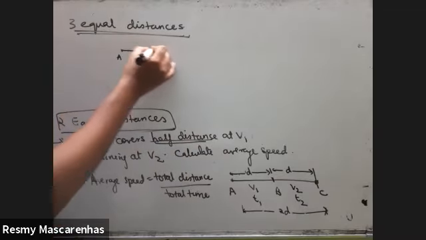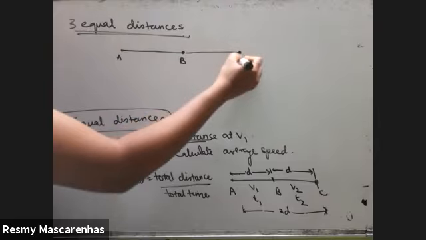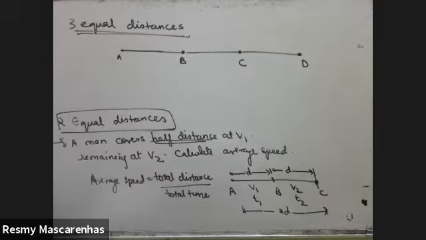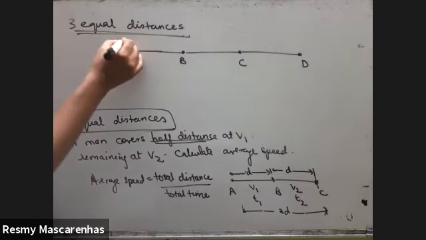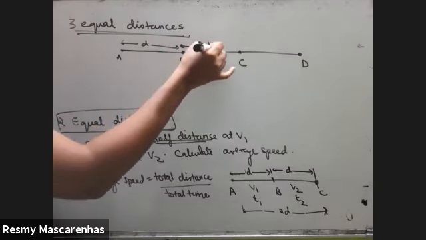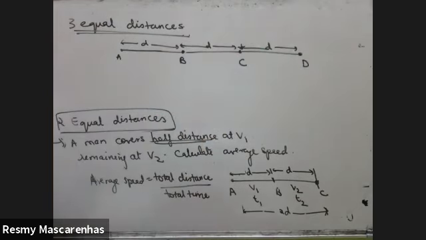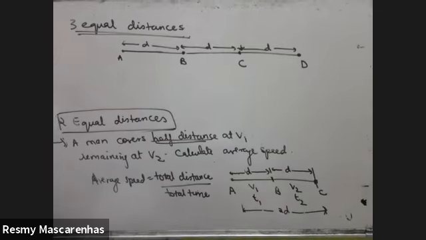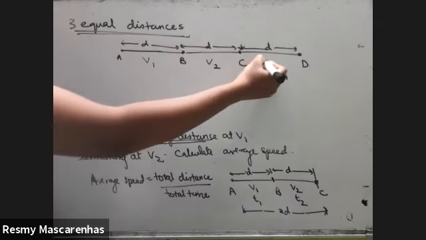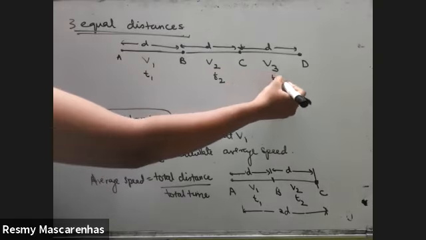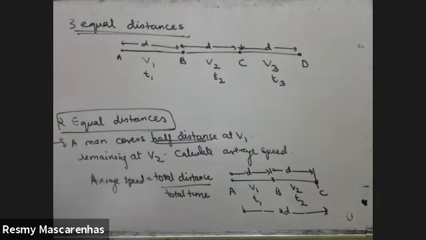That way this will be A to B, B to C and then C to D. Three equal distances. This will be d, this also will be d, this also. They give different velocities, V1, V2, V3. This is traveling at time T1, time T2, and this is time T3. Everywhere, distance, speed and time you have to mention.